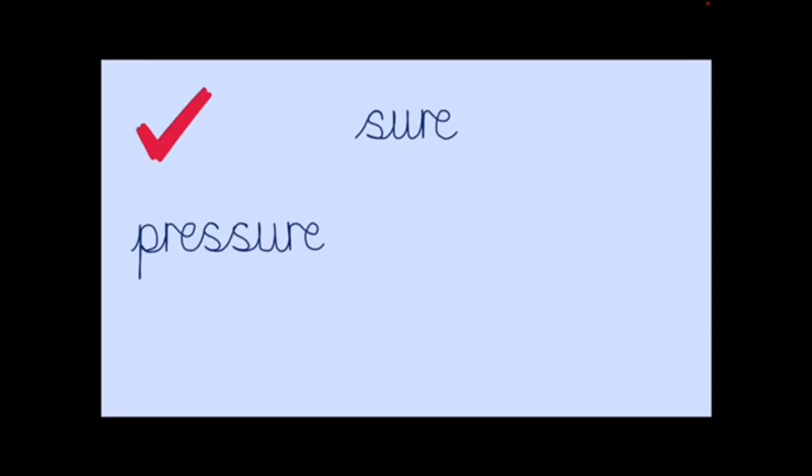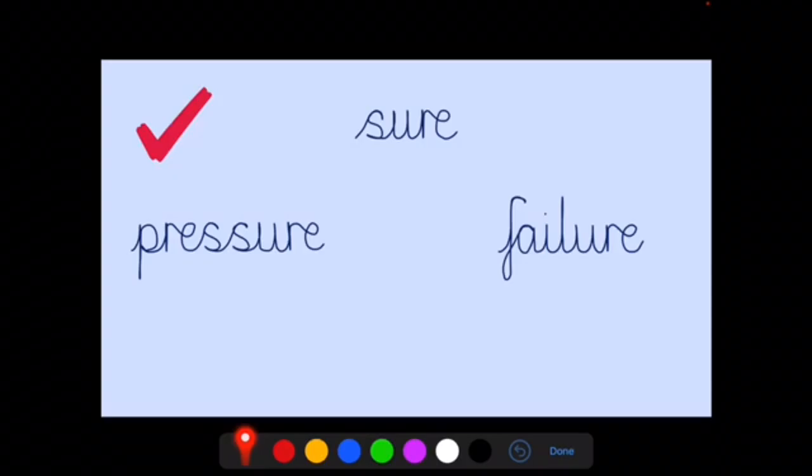And then failure. So this time we have an L before your. But this is also a word all on its own. Fail. Okay, fail, your. Yep, I like doing it that way.